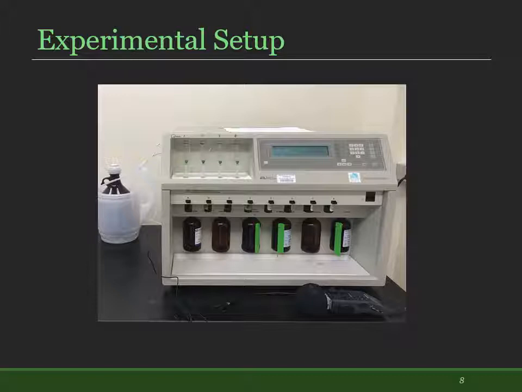Next, I'm going to present to you our experimental results. We chose the Applied Biosystems DNA synthesizers to carry out our experiments. According to the biomedical equipment sales company, this is one of the most widely used DNA synthesizers in the industry.